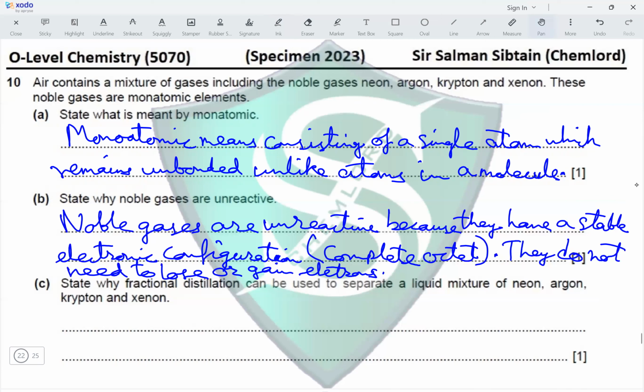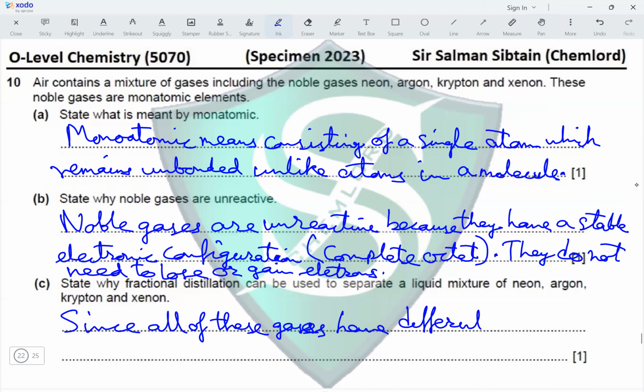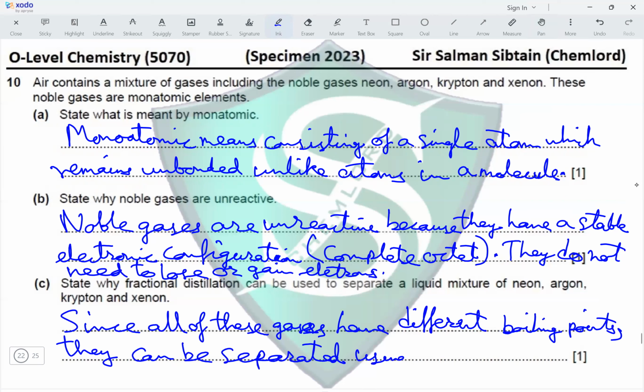So, we will write, since all of these gases have different boiling points, they can be separated using fractional distillation.